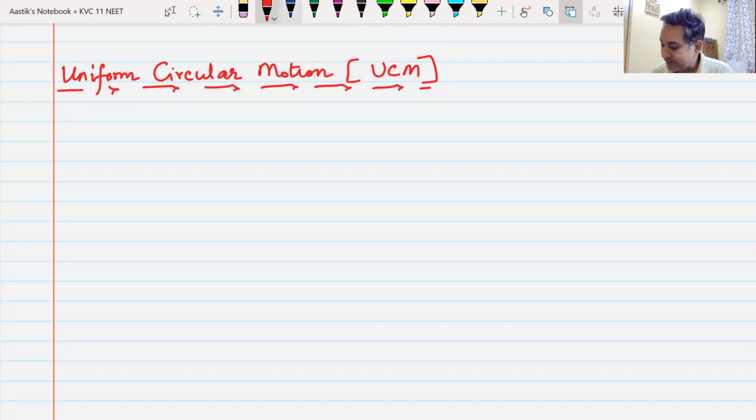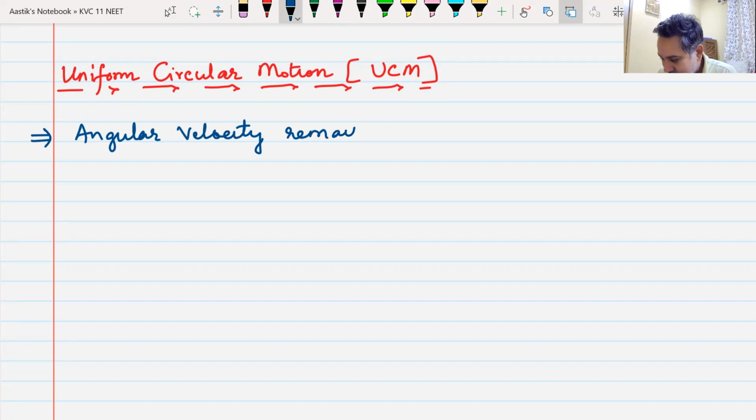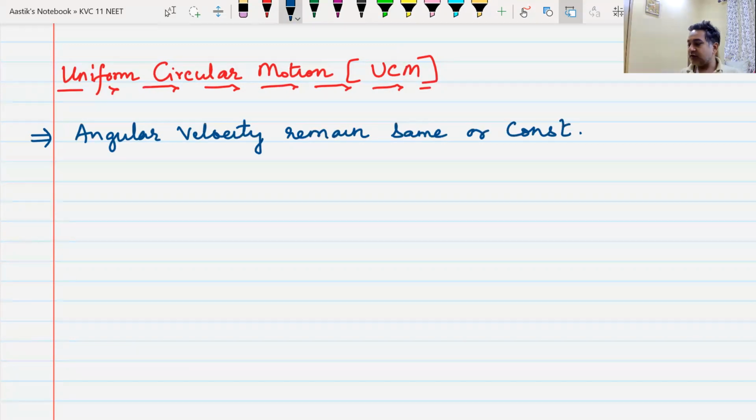Now, what do you mean by UCM? If the angular velocity remains the same or constant, the motion is known as uniform circular motion. It is the same as uniform motion in linear motion, where the velocity was constant.